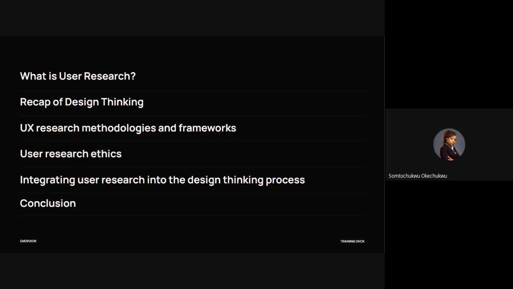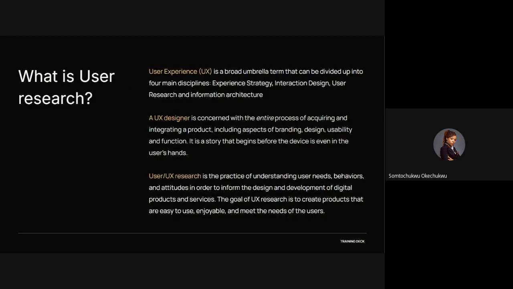We'll also talk about some ethics of user research, and finally we'll speak about how user research is integrated into the design thinking process. So moving to the next slide. Please, if you have any questions, you can just raise your hand and I'll quickly take that.